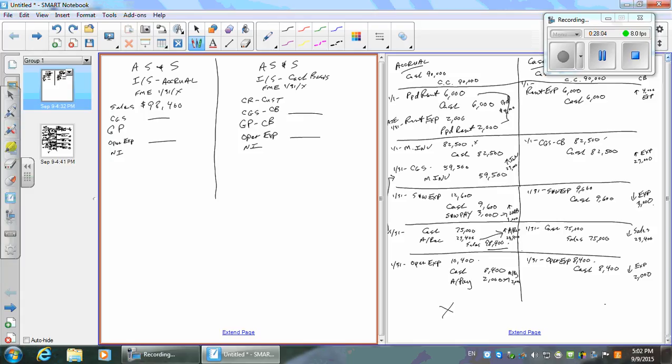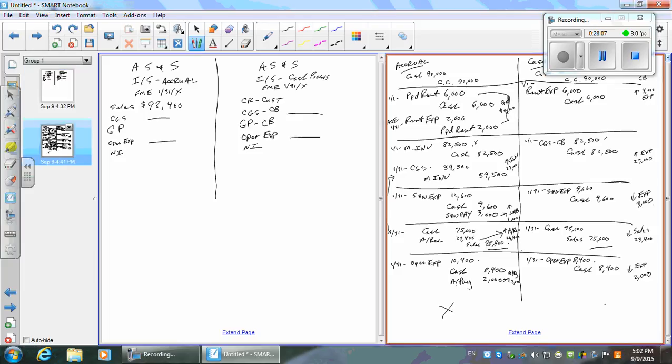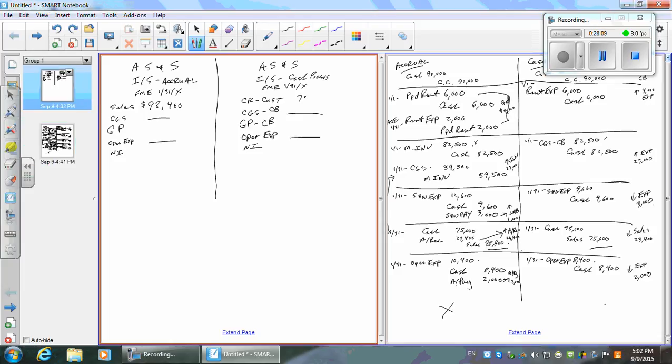It was only the 75, wasn't it? That one right there. It's easy, isn't it? Sort of. Okay, what's the difference between the two? We're going to have more income under accrual basis by 23,400, aren't we? Because accrual basis or less under cash basis, however you want to say it, right?